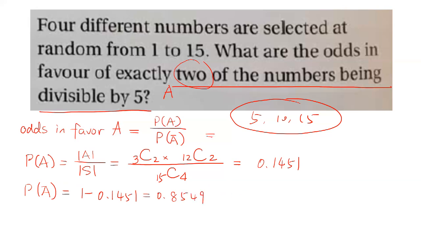Okay, so the odds in favor of A is 0.1451 over 0.8549, which is approximately 0.1697. Okay, any questions?